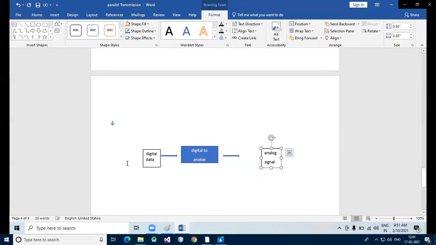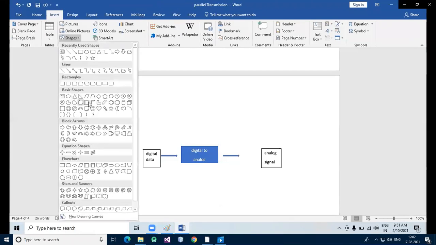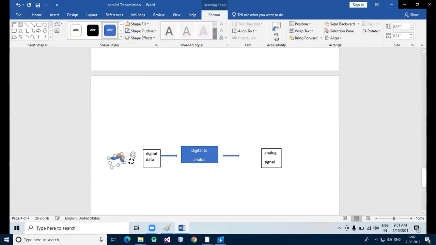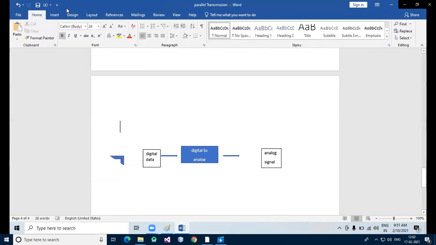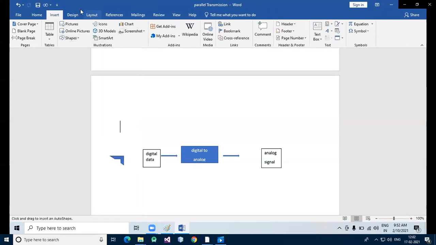This digital data will be converted into this form. The analog signal forms a waveform, and digital we have already studied.